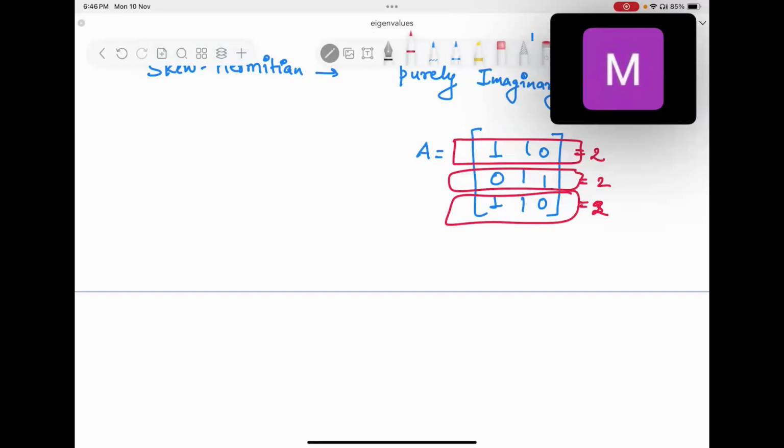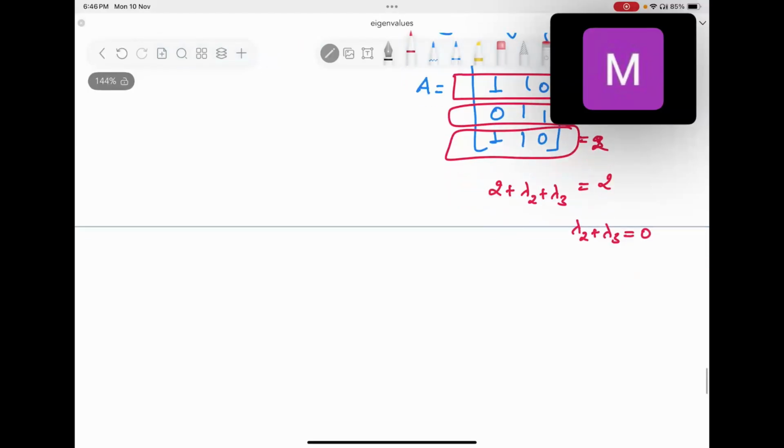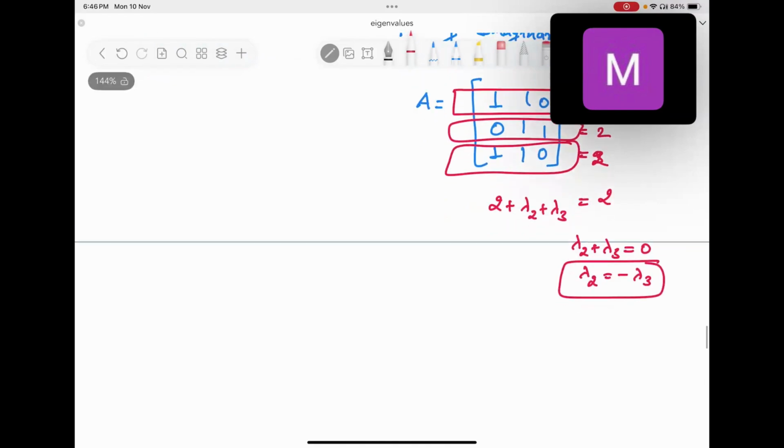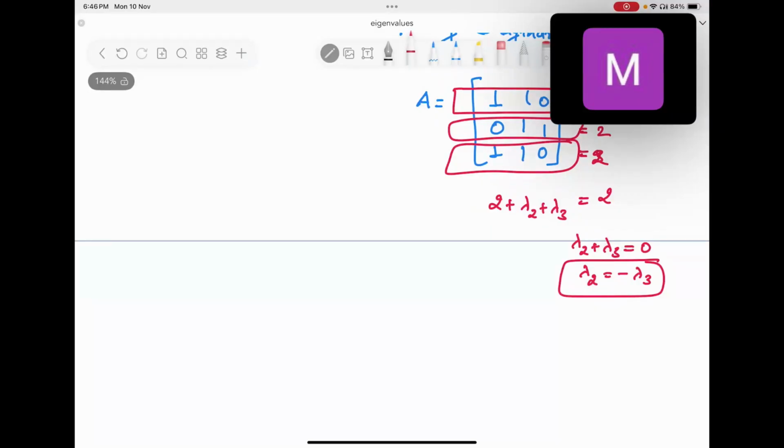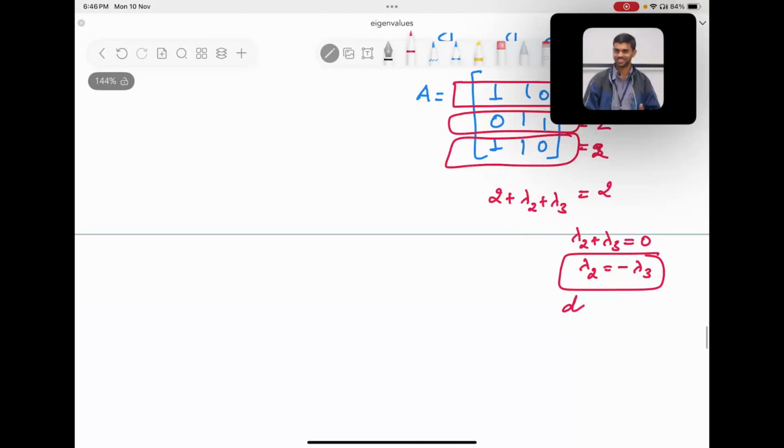Now the sum of all eigenvalues is the trace. What is the trace of this matrix? 2. So 2 plus lambda 2 plus lambda 3 equals 2. So lambda 2 plus lambda 3 has to be 0, and lambda 2 equals minus lambda 3. Now what is the determinant of this matrix? It is 0.